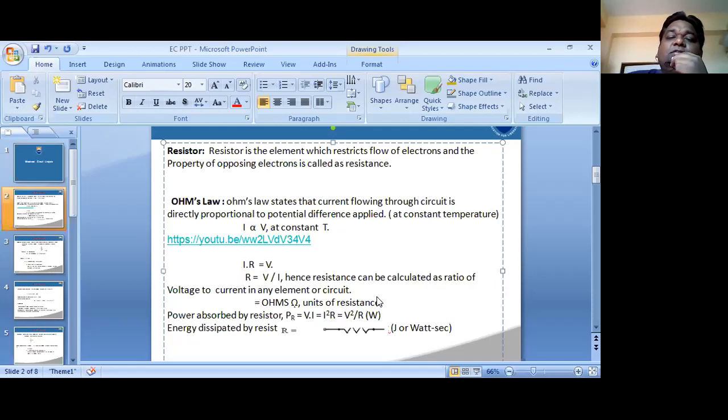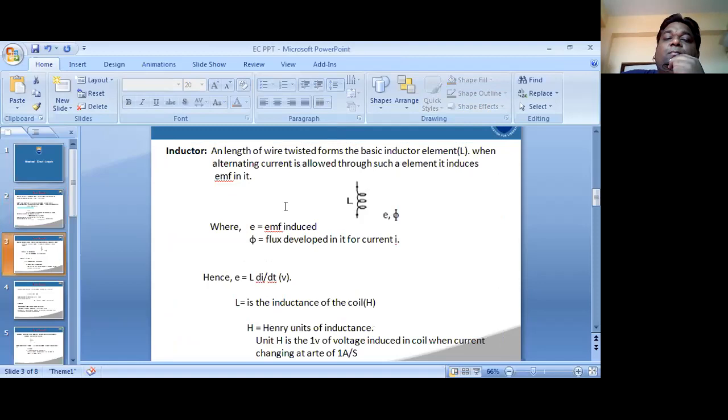Now let us move to the next topic, which is the inductor element. One can form their own inductor element by twisting a length of wire.